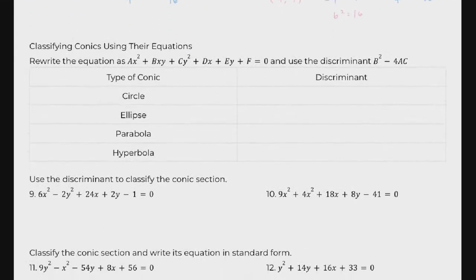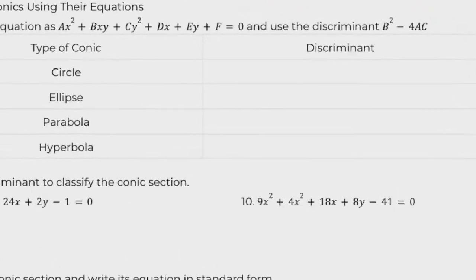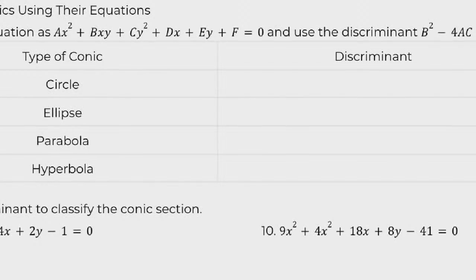Okay, and then the last part, we want to classify the conics using their equations. So we can rewrite the equation as that long equation there, and we're going to use the discriminant b squared minus 4ac. So this will be a circle if b squared minus 4ac is less than 0, and b is 0, and a equals c.